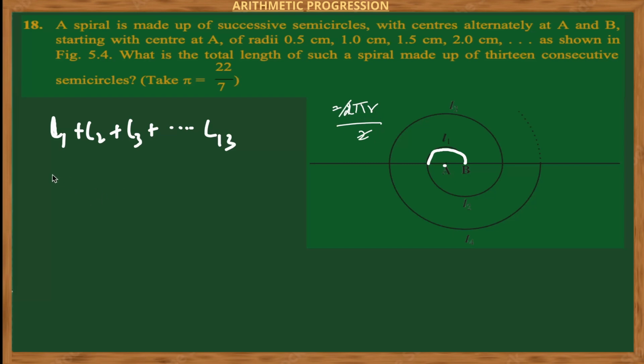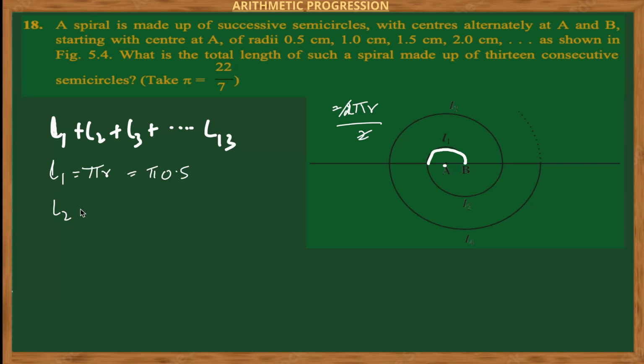For example, the length of the first one, L1, will be pi into r. So what is the radius of the first one? It is pi into 0.5.